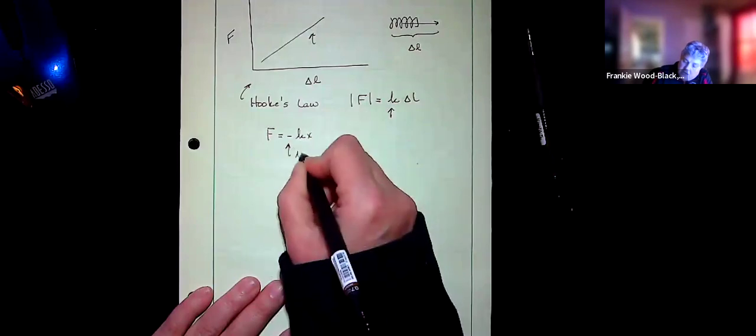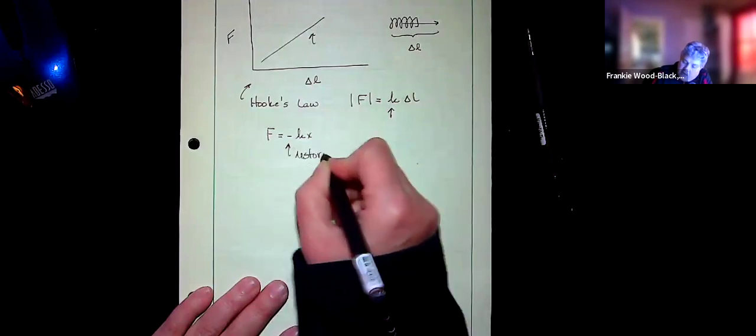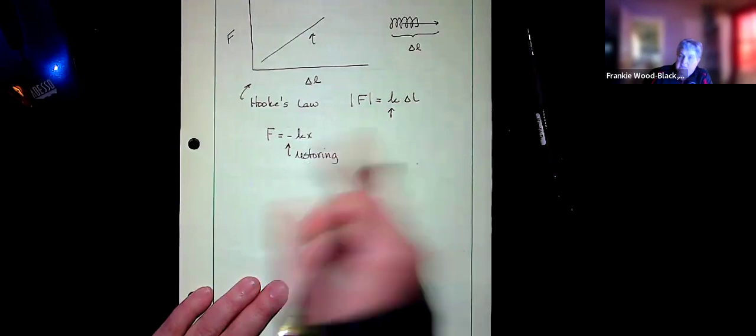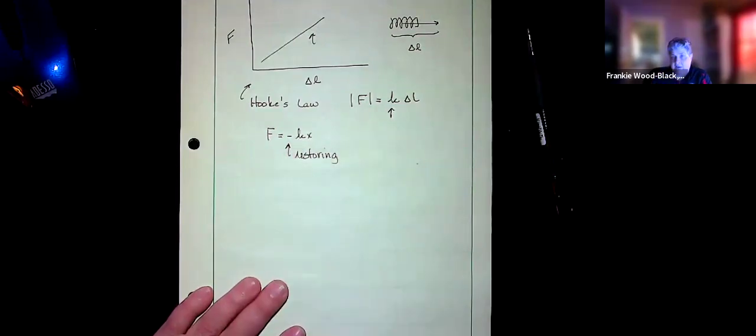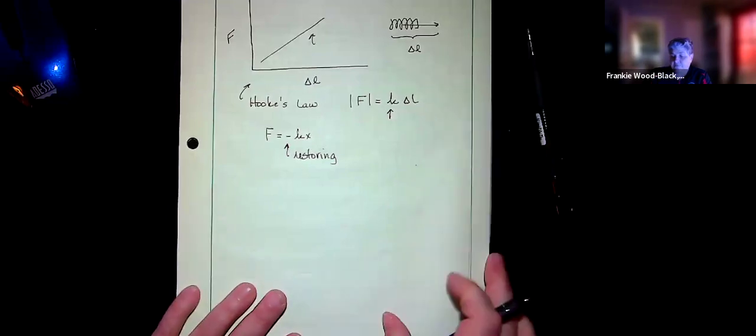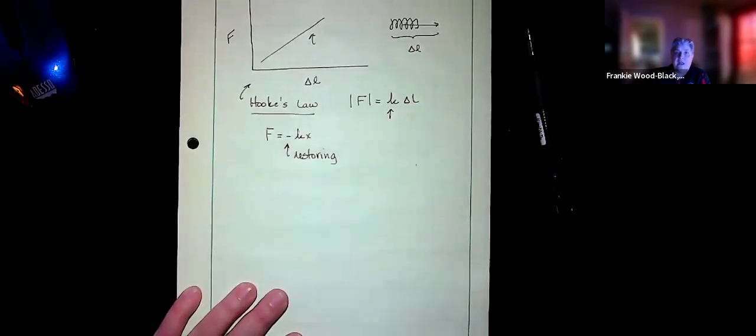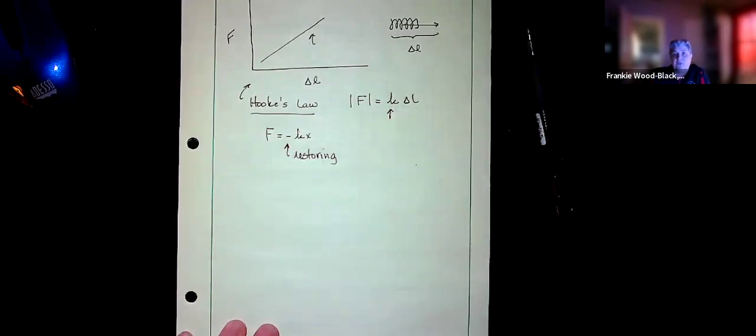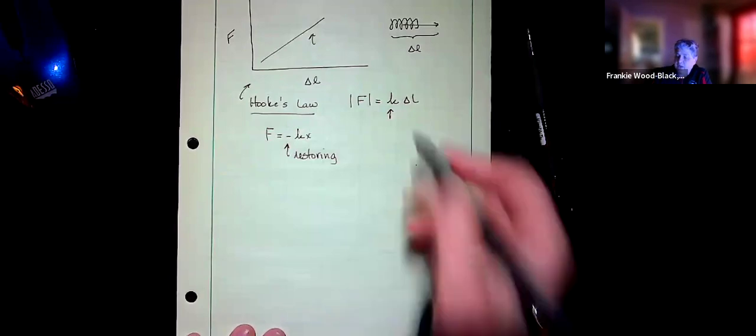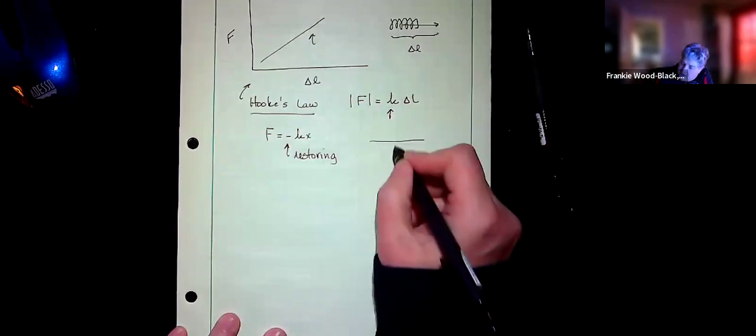Because this is a restoring force, if I'm playing with a spring, it's trying to get back into its shape, but it's a restoring force. So we have another way of looking at something more in line with the system that we're playing with. So we can actually figure this out. So this is kind of fun.